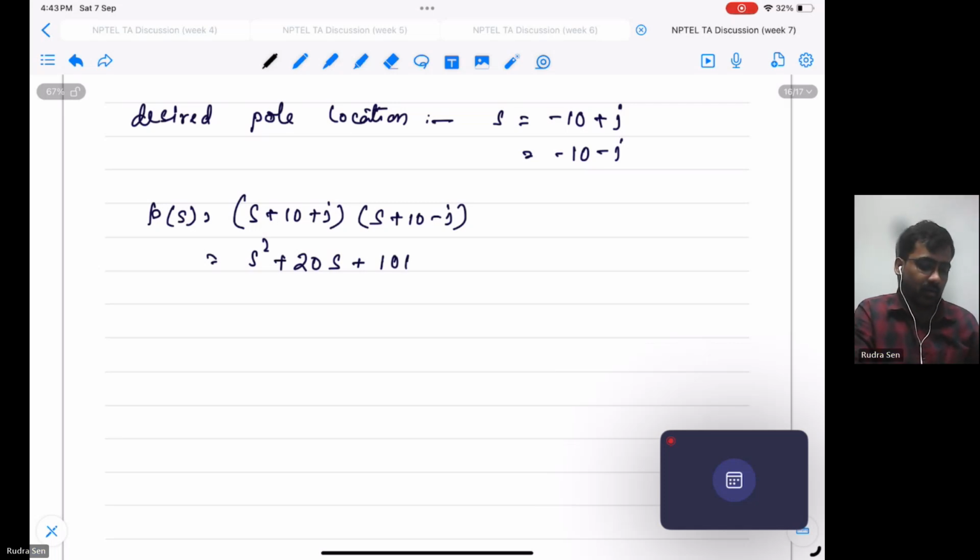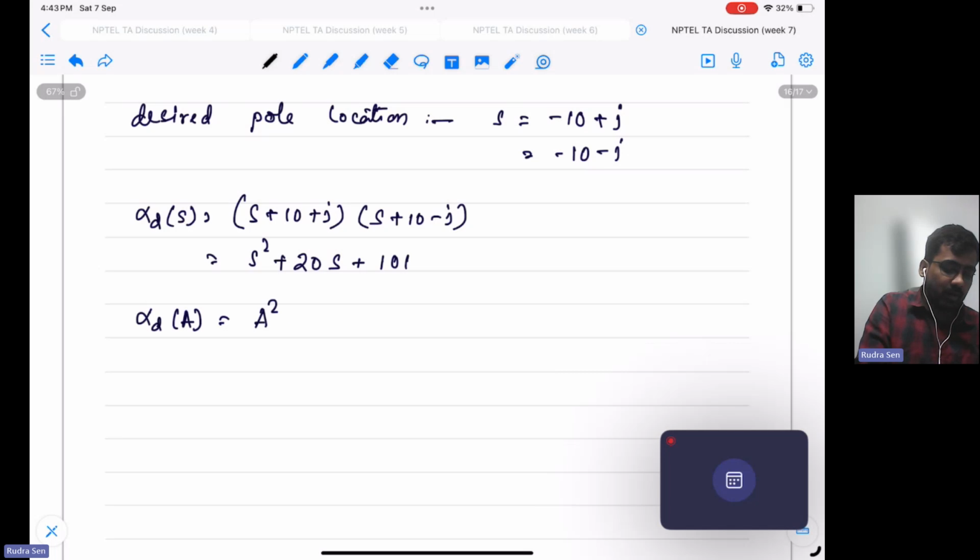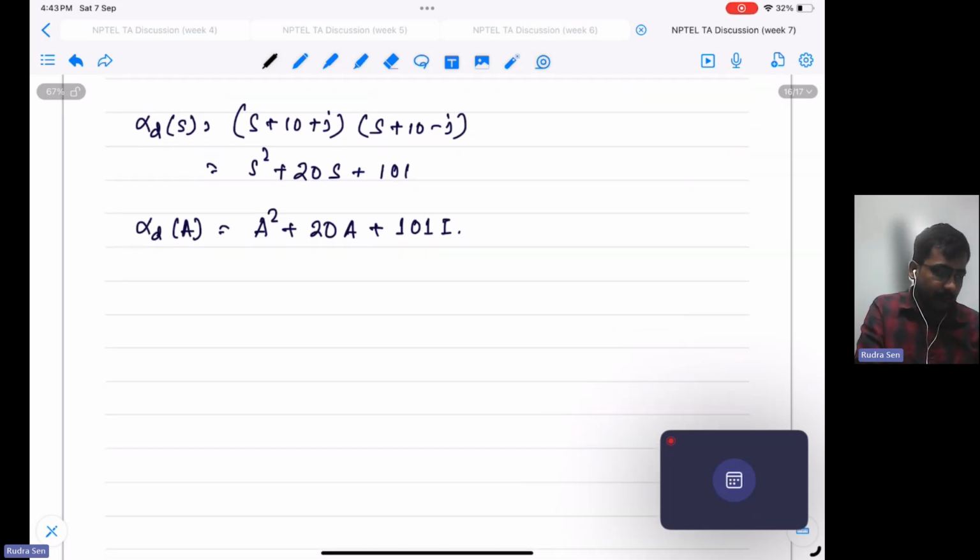Okay, this is 101. Now, or rather, I'd say this is alpha d(s). So alpha d(A) equals A square plus 20A plus 101 I, right?